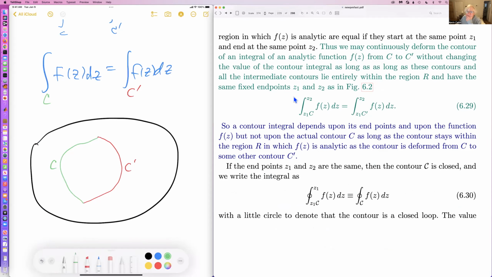And that's stated here. In other words, a contour integral depends upon its endpoints and upon the function, but not upon the actual contour, as long as the contour stays within the region in which the function's analytic.